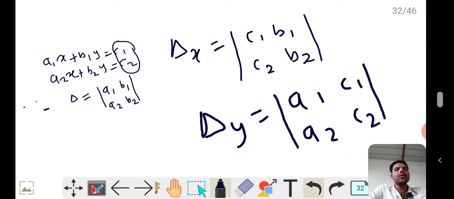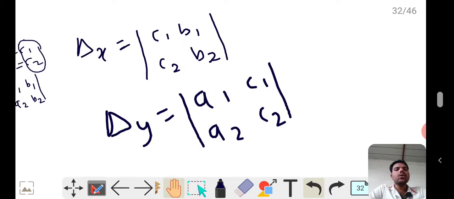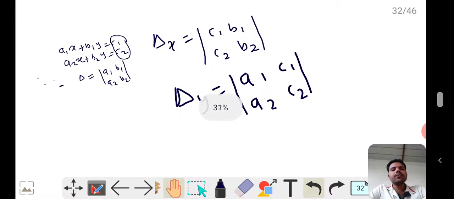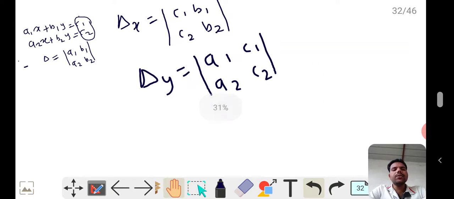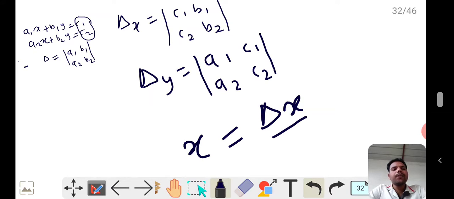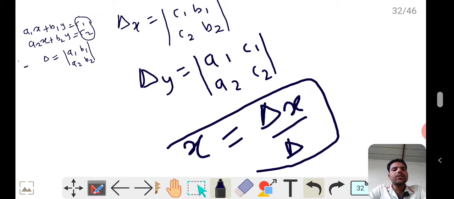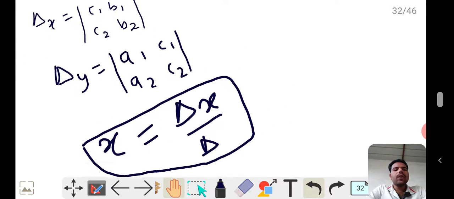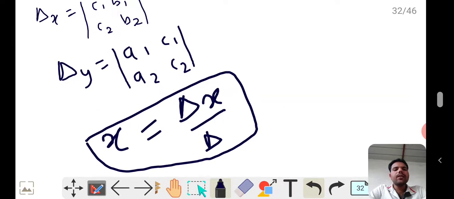To find the value of x, we just take the division: x is equal to delta x by delta. This is the solution for the x variable. And to find the y variable, y is equal to delta y by delta.